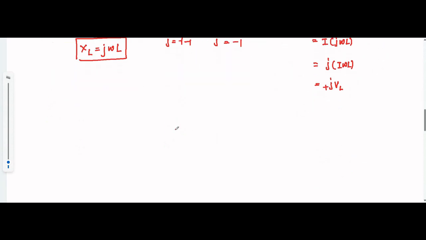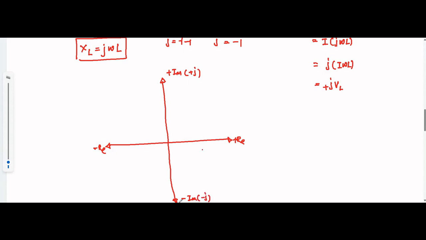If we try to draw it in the complex axis, this is the positive real axis and negative real axis, and here is the positive imaginary axis, plus J, and the negative imaginary axis, minus J. Let's say current is in the positive real axis, it has no complex representation.